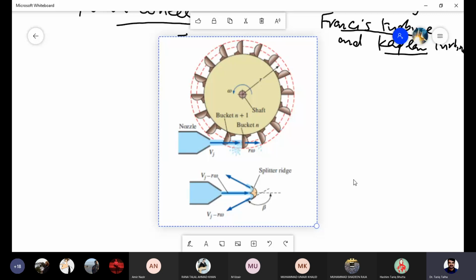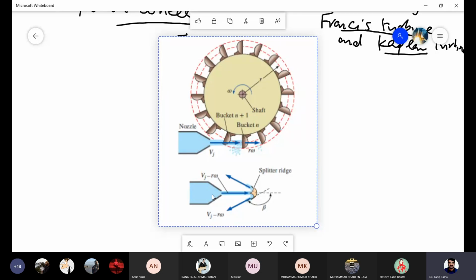Now, if we want to get the maximum energy out of the flowing water, ideally you can see here that this change in direction of the jet should be 180 degrees, and the maximum energy would have been extracted from the jet.